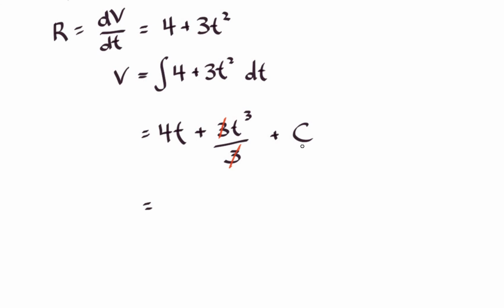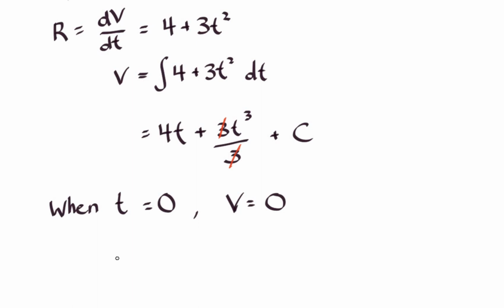We can't leave our answer like this. We're asked specifically how much air is in the container after 12 seconds. So this is where we need to use that initial information. So when t equals 0, we were told that there's no air in the container, right? So the volume of air in the container is also 0.